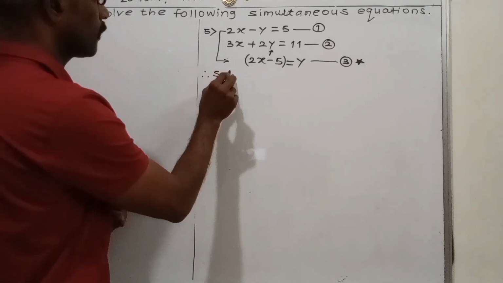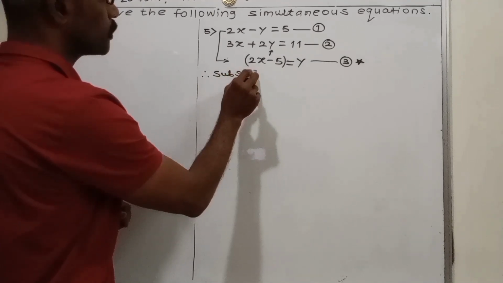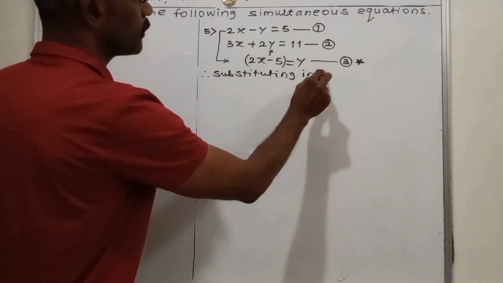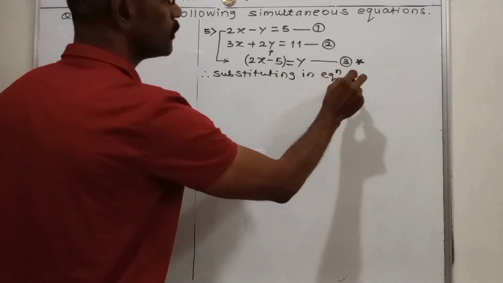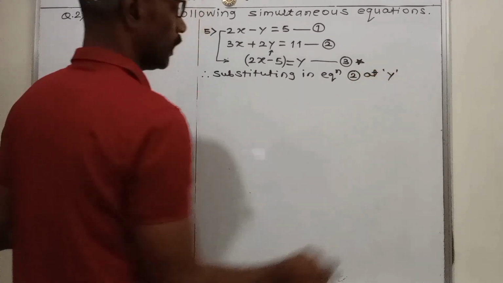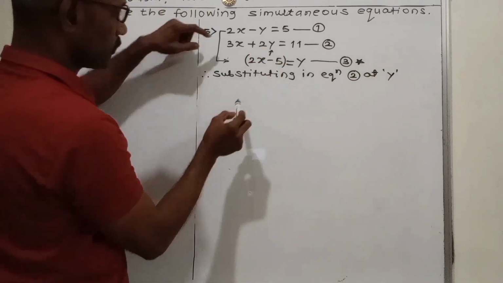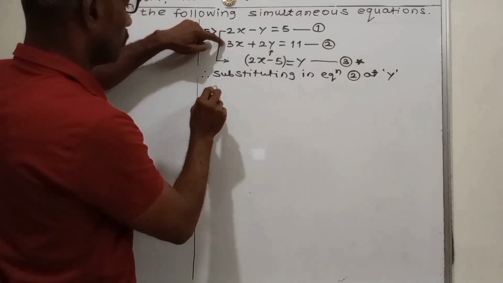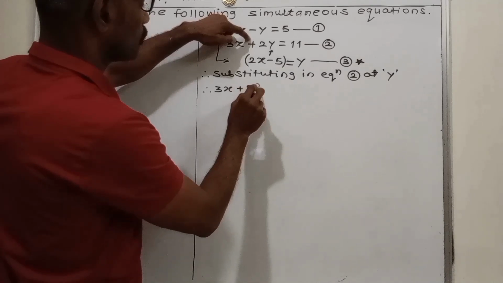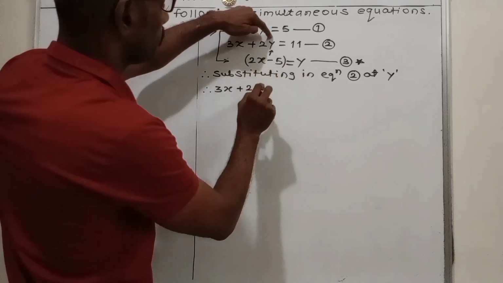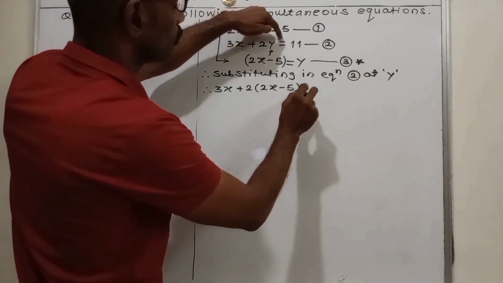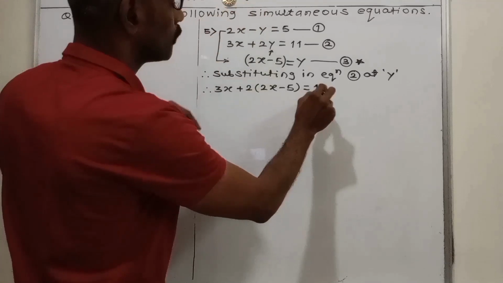Therefore, substituting in equation 2 at y. Therefore, 3x plus 2 into value of y, 2x minus 5 is equal to 11.